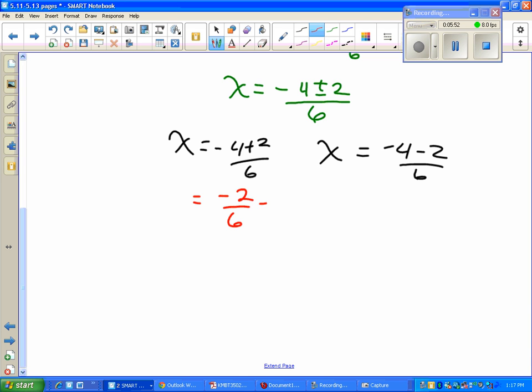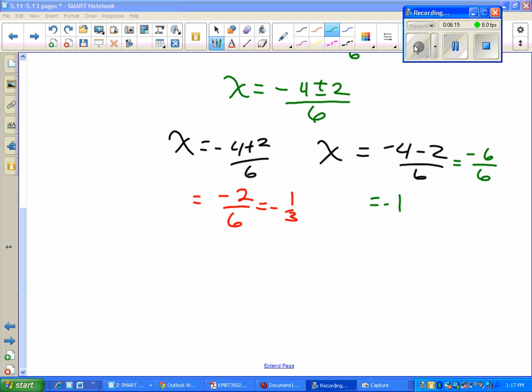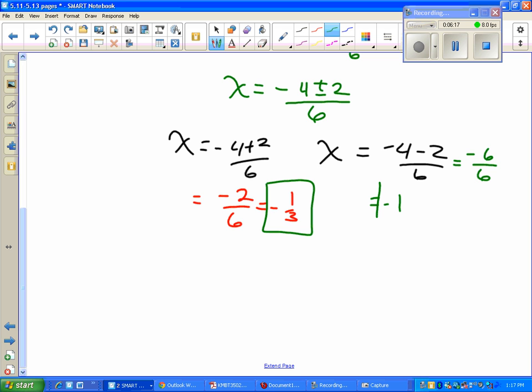Divide by 6. Negative 1/3. What's negative 4 minus 2? Negative 6. Divide by 6. Negative 1. These are my two answers, my two separate solutions.